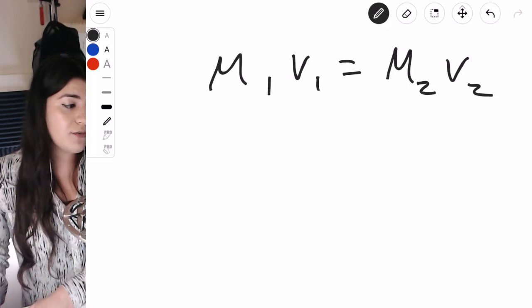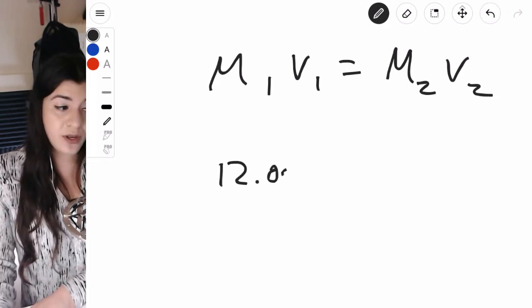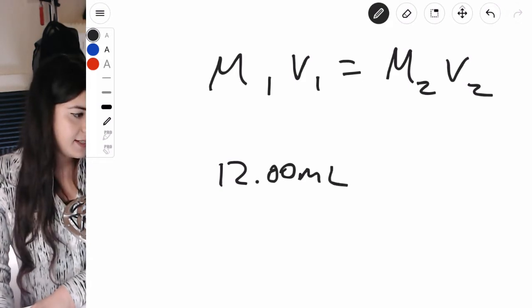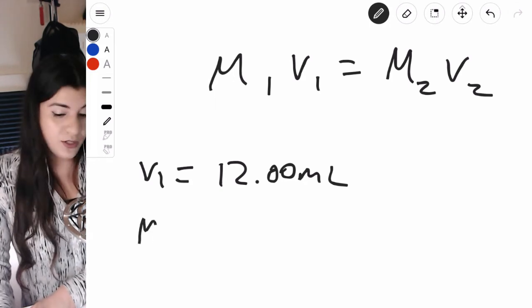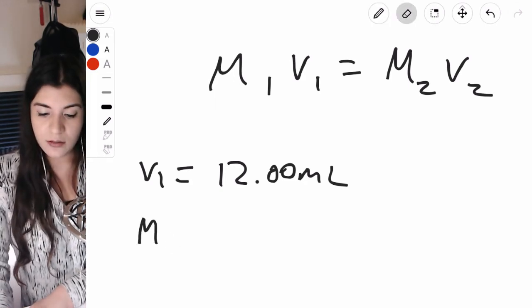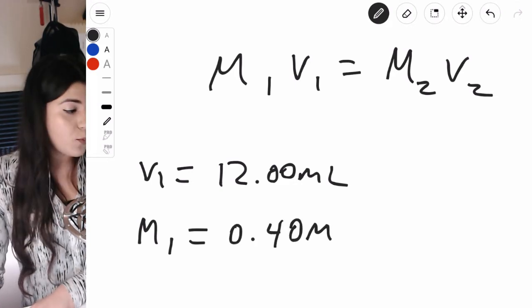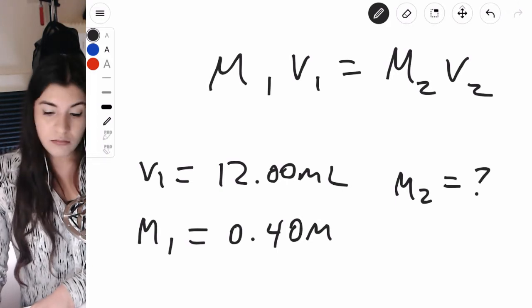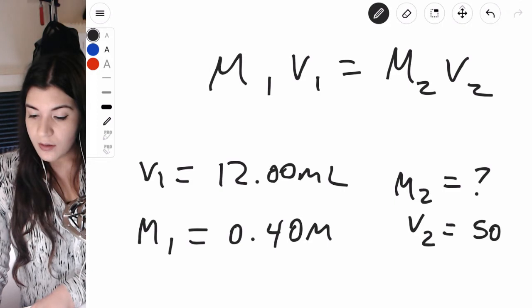So they're saying what molarity of a solution, if 12.00 milliliters of, let's say that this is our V1, that's our first volume, and then M1 would have been that first molarity that was given, and then we're asked to find our second molarity, and next we're given our second volume.